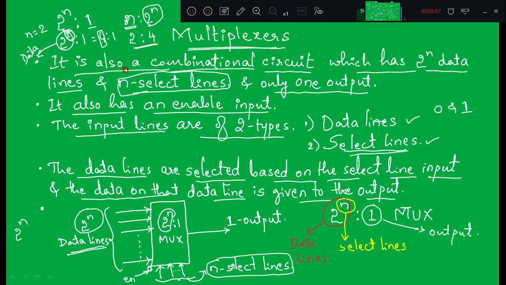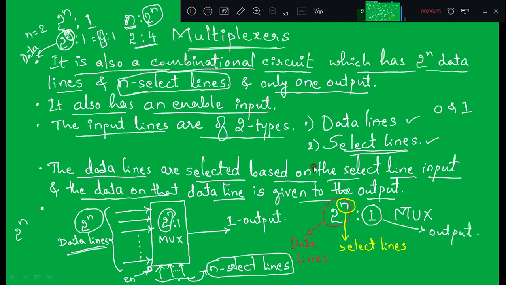What is a multiplexer, how is the multiplexer denoted in symbolic form, and what are the inputs and outputs? The inputs and outputs are separated with the help of a colon, right?